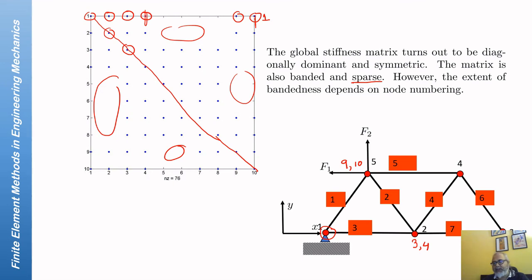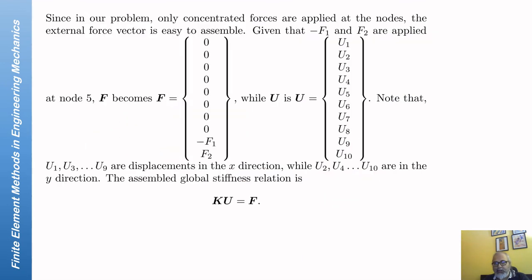So the external force vector is very easy to assemble here. So the external force vector, capital F, looks like this. And the assembled global stiffness matrix is this. The global degrees of freedom run from 1 to 10.